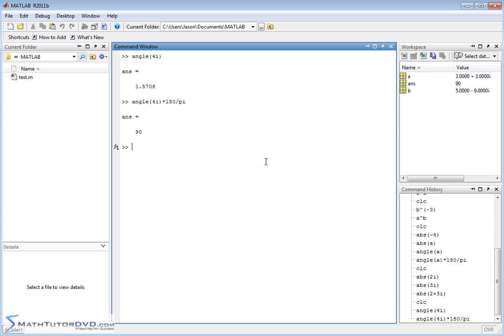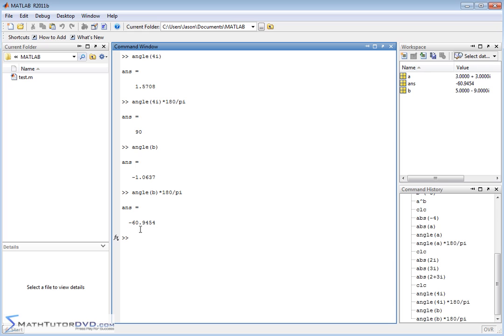So whenever you do something like angle of b, which is over here 5 minus 9i, what you're doing is basically taking the inverse tangent of this divided by this. That's all given in your math books to find that angle. In this case, it's negative blah, blah, blah radians, and you can multiply by 180 divided by pi to give you the angle in degrees.